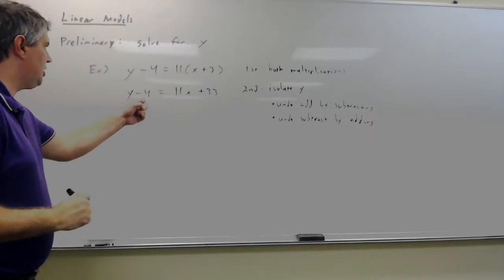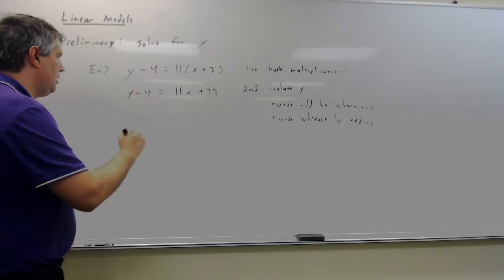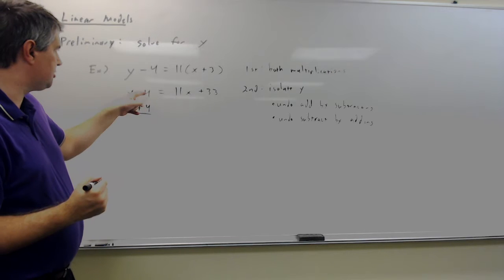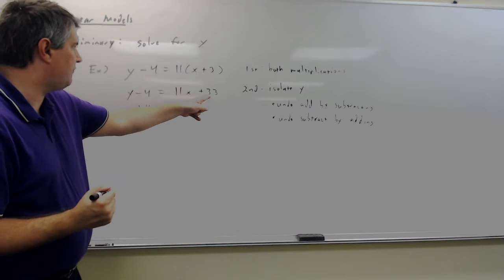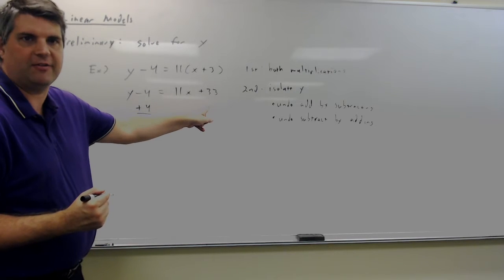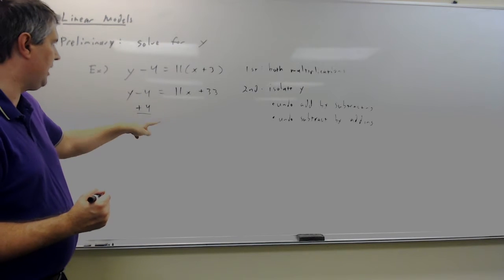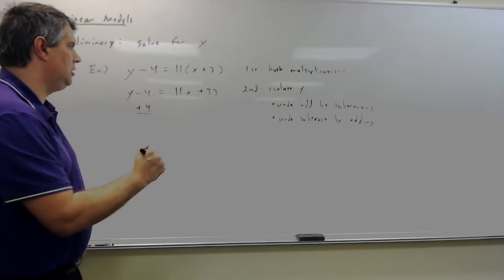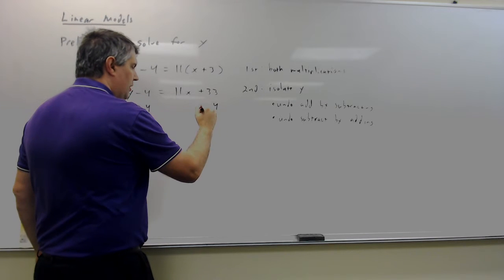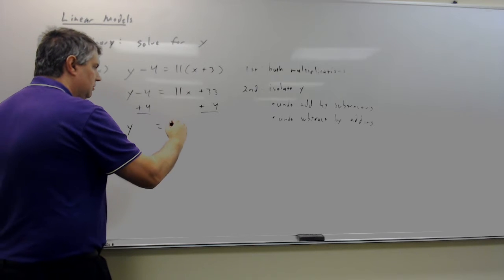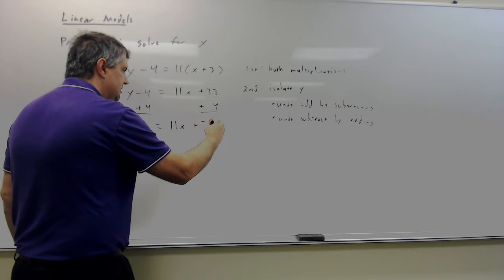Okay, so I would undo this subtraction of 4 by adding 4. Now, if I add 4 to this number, I will add 4 to this number, which doesn't have a variable. If it doesn't have a variable, it can only be added to another number with no variable. So this will give me y equals 11x plus 37.